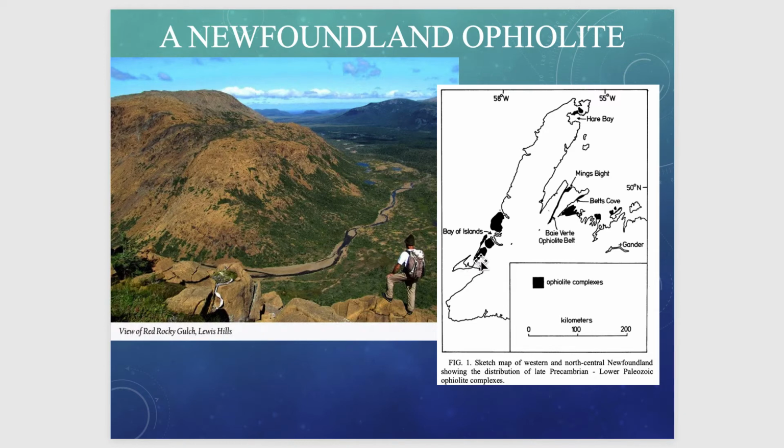These are of variable age, but mostly Ordovician and Devonian ophiolite complexes. And here you have a view of the Rocky Gulch in Lewis Hills that essentially provides a good representation of the alteration that takes place in these ophiolitic complexes. So the reddish color is clearly an oxidation of some of the ultramafic rocks.